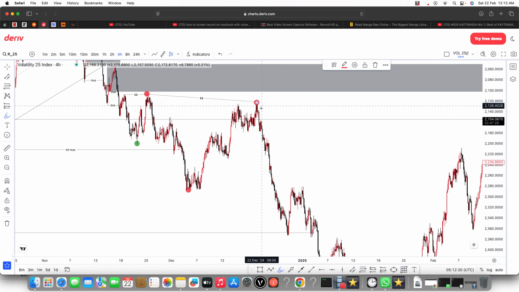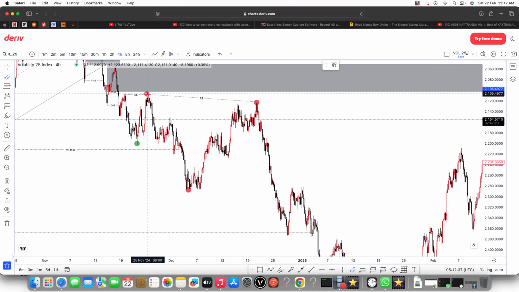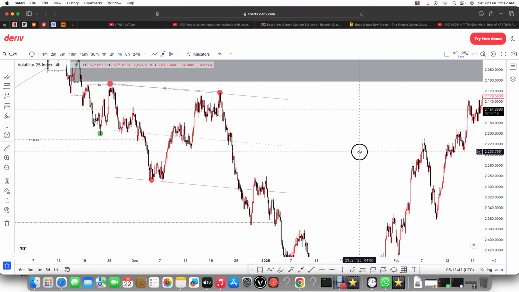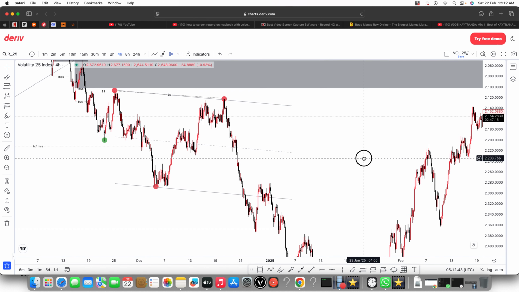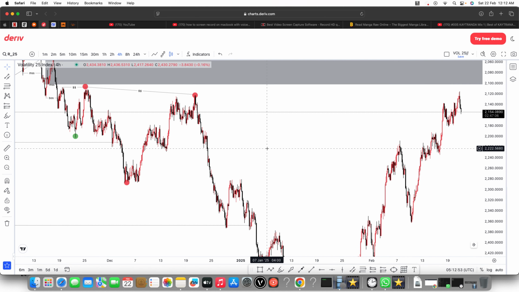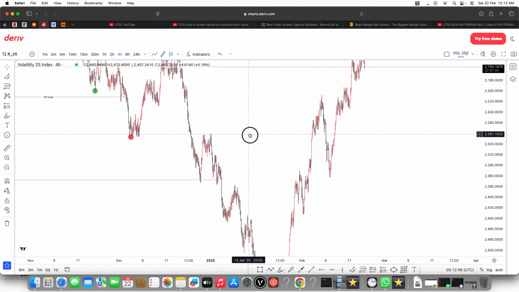This high is higher than this current high, so this is our downtrend. All right. This external trend now continues to break lows, going down.